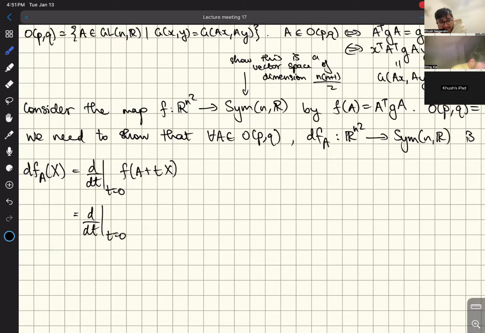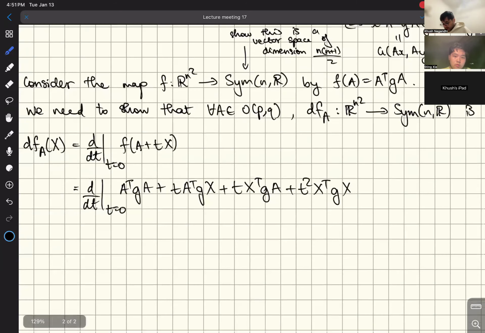I'll skip a few steps because they're not particularly enlightening, to be honest. So you get A transpose G A plus t times A transpose G X plus t X transpose G A plus t squared X transpose G X.